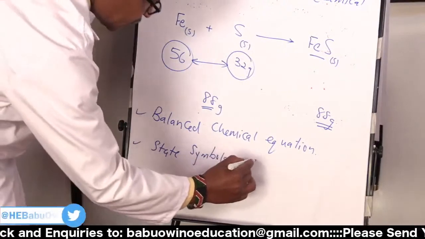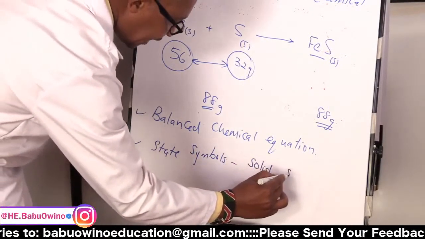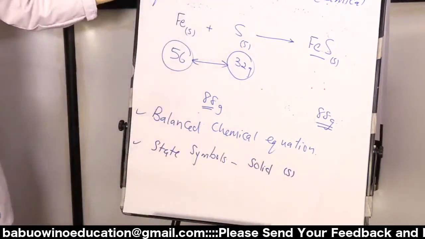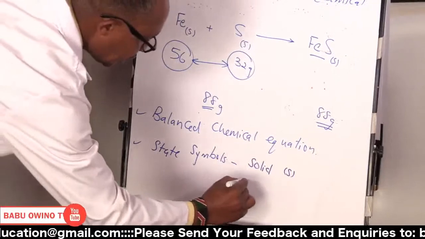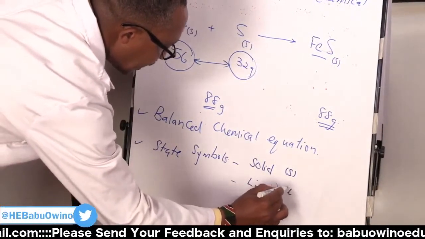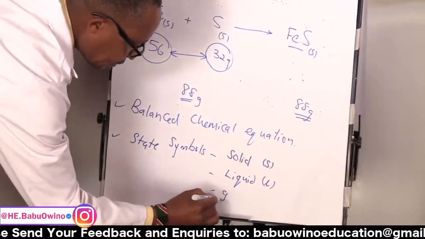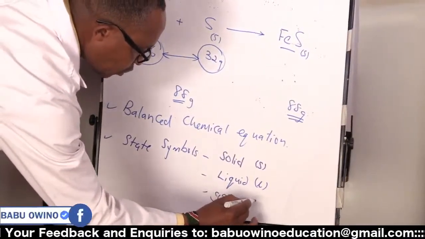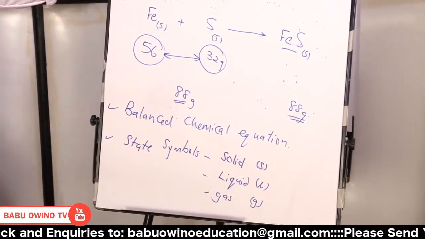One of them is a solid, symbol S, in brackets. The other one is a liquid, symbol L. The other one is a gas, symbol G. And we still have another one.